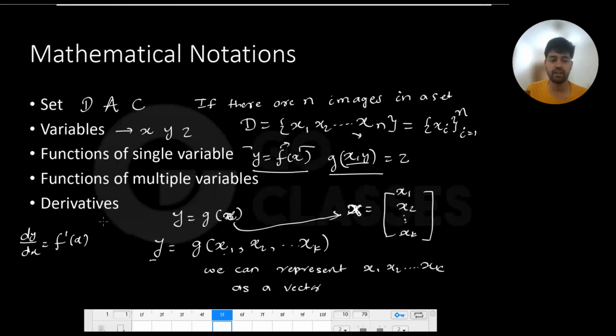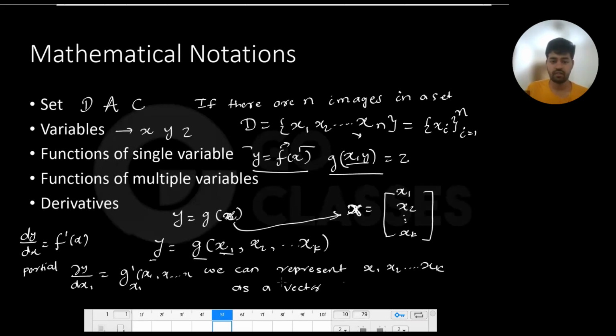Then we have partial derivatives, which will be like dou y by dou x1, which is the derivative of g with respect to x1 only, right? Again, g dash with respect to x1, while other things remain the same. With respect to x1, you can write it like this, right?